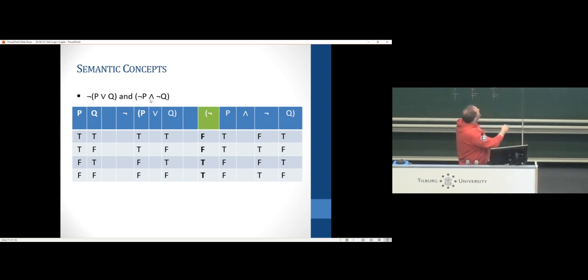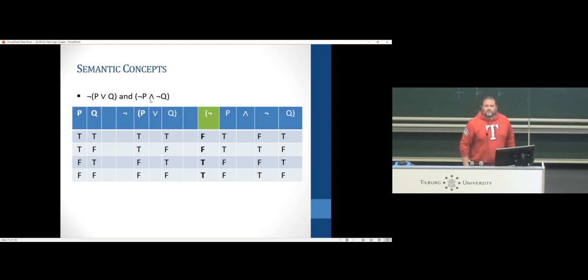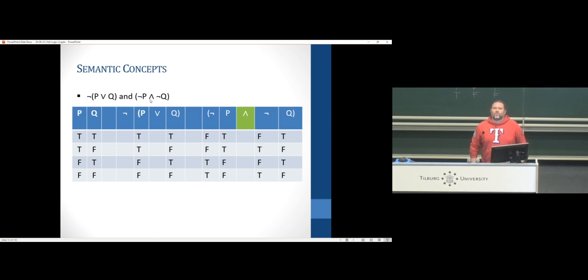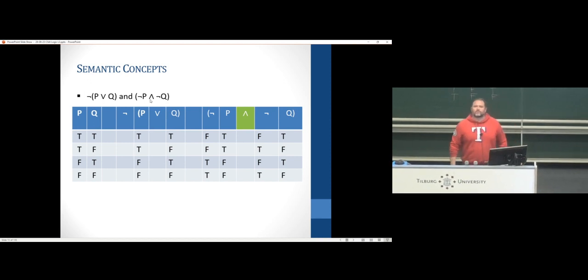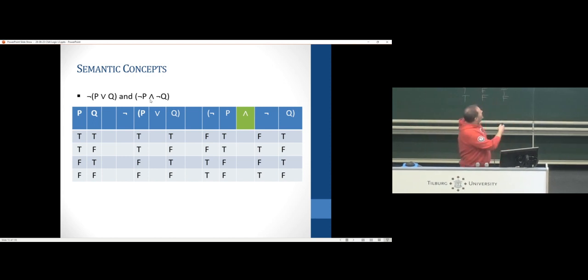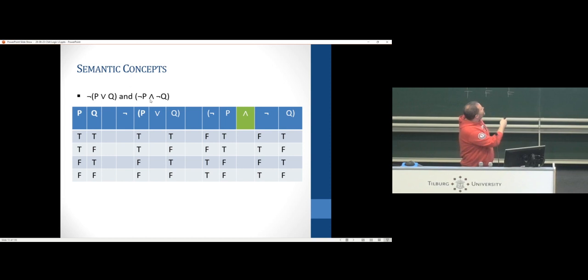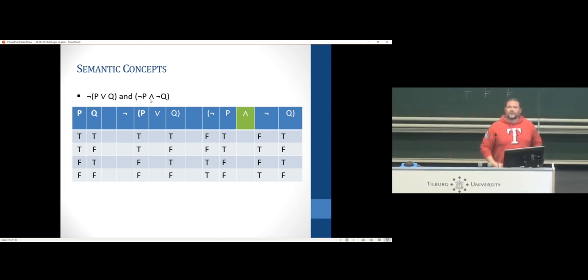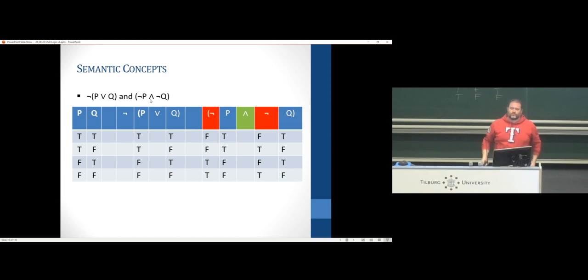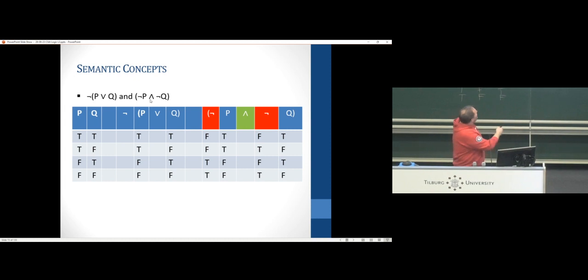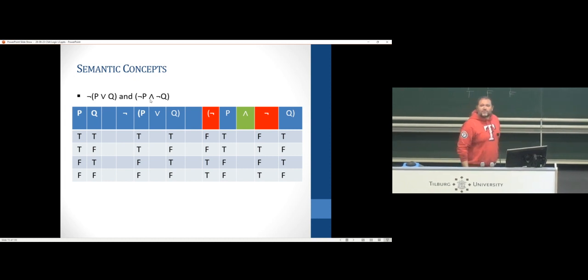Now, let's just stick over here. If we're going to fill in the conjunction, where is it going to look? What are its input columns? The two negations. The input columns for our conjunction are the two negations we just filled in. That's the next level up. And in this case, again, our conjunction is difficult to please.